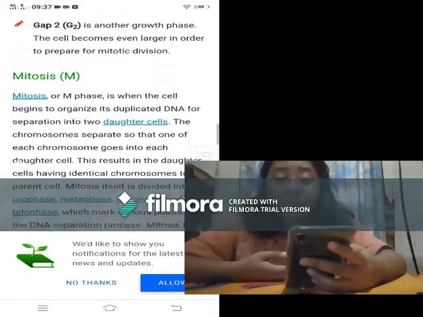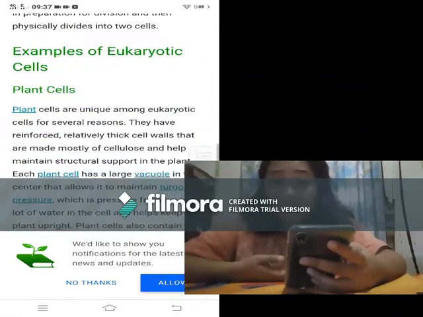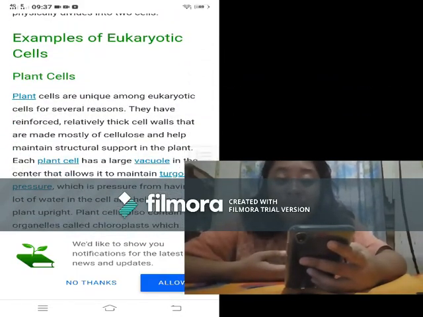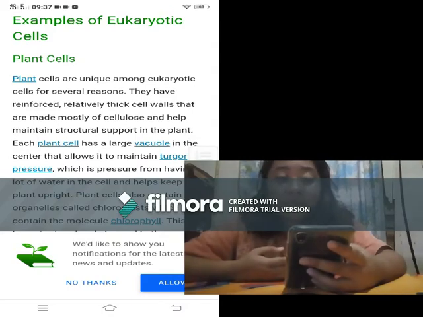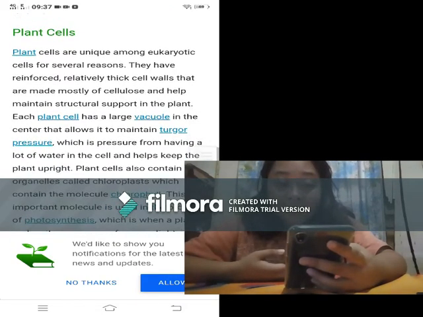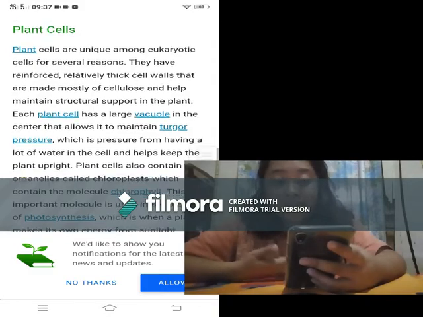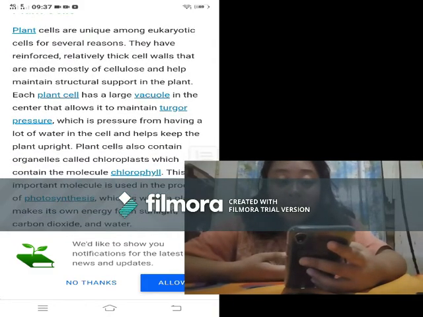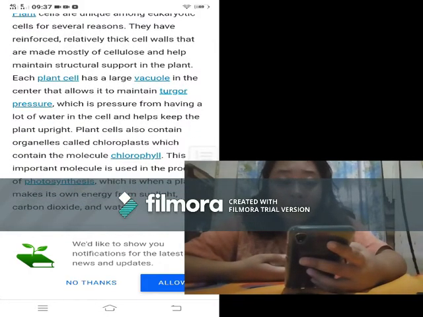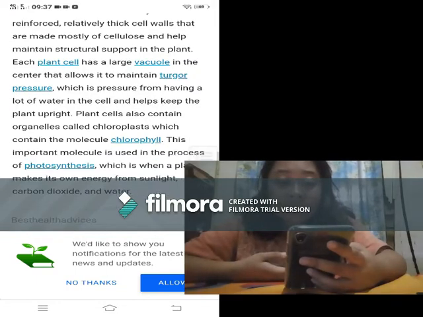So the examples of eukaryotic cells: plant cells. Plant cells are unique among eukaryotic cells for several reasons. They have reinforced, relatively thick cell walls that are made mostly of cellulose and help maintain structural support in the plant. Each plant cell has a large vacuole in the center that allows it to maintain turgor pressure, which is pressure from having a lot of water in the cell and helps keep the plant upright.